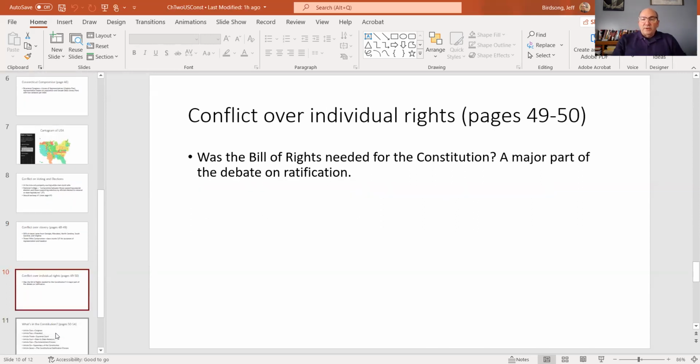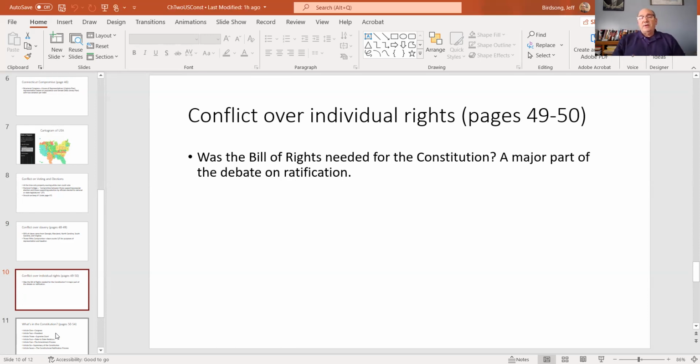So then there's also this conflict on the debate for individual rights. That also is part of the debate. Does there need to be individual rights? As you read through these pages, you'll note that you can see on pages 49 through 50 that part of the argument here is that there does not need to be individual rights if states have already listed the individual rights within their constitutions.